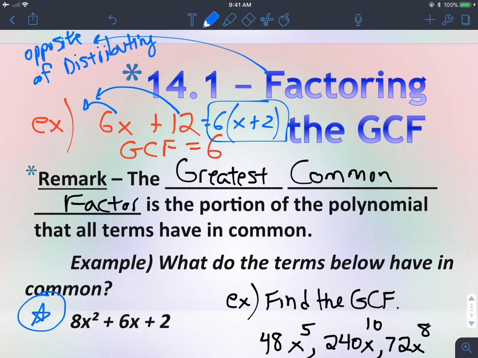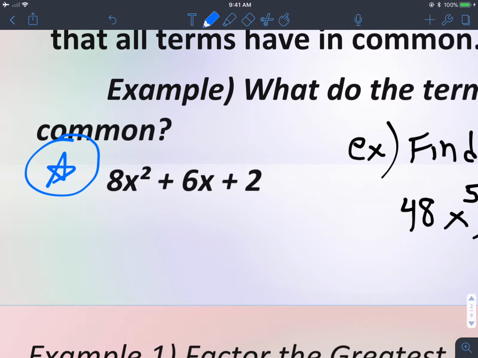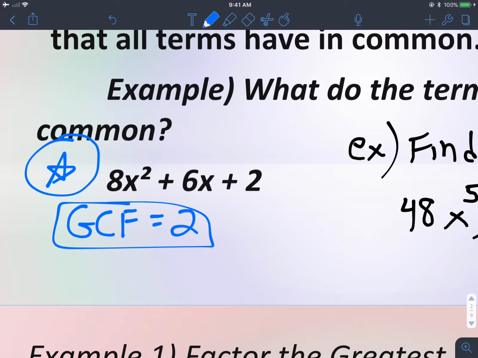What do they all have in common? Now it has to be in common with all three of them. So it's not going to be 6 and it's not going to be 8. It would be 2. That's the answer they're looking for when they say what's the greatest common factor.